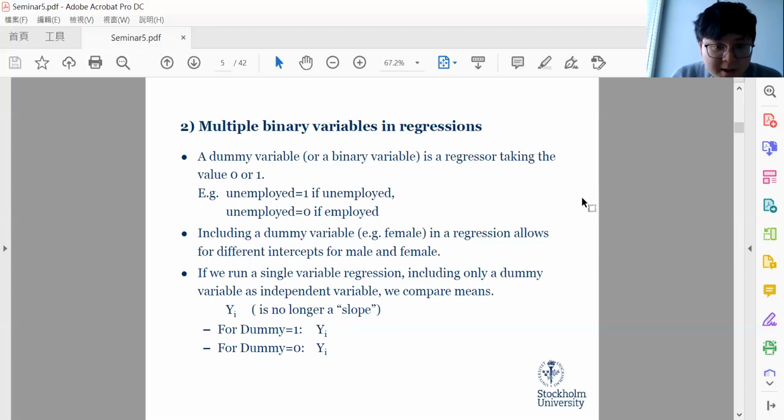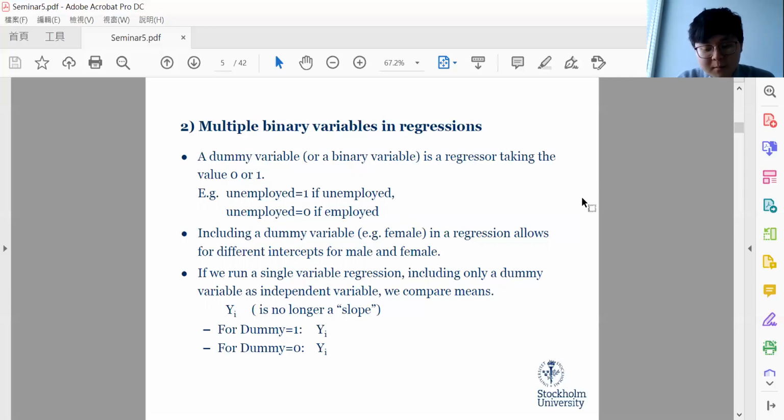So including a dummy variable allows for different intercepts for male and female. For example, take a dummy called female.